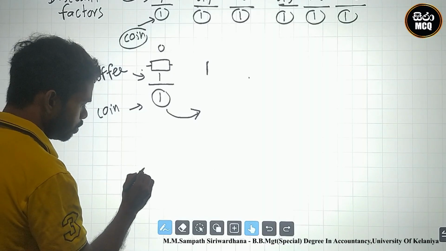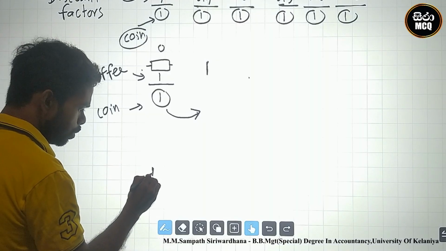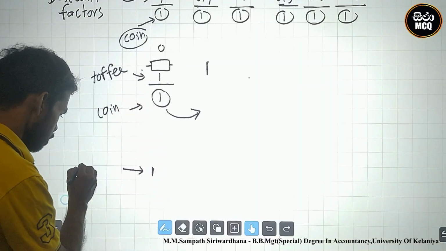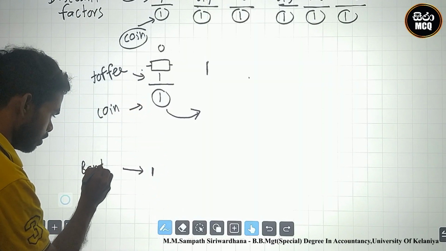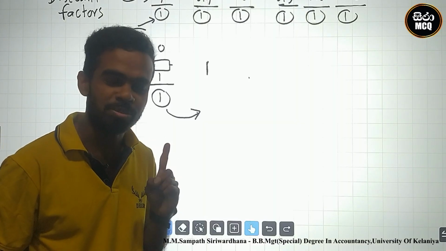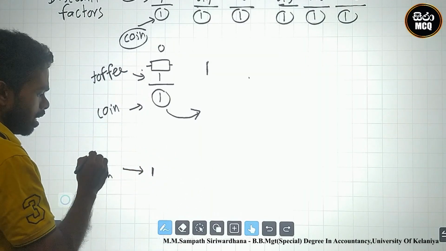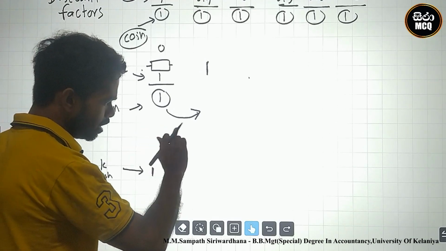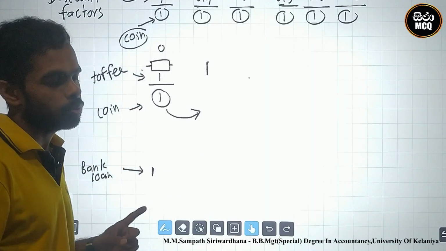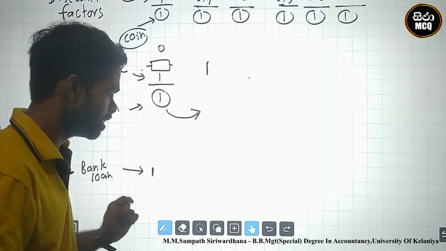Why? You know, the seller, the producer, invested 1 rupee from a bank loan to create a toffee. He got a 1 rupee bank loan and created a toffee. After 1 year has passed, the bank will charge the producer 10% interest.